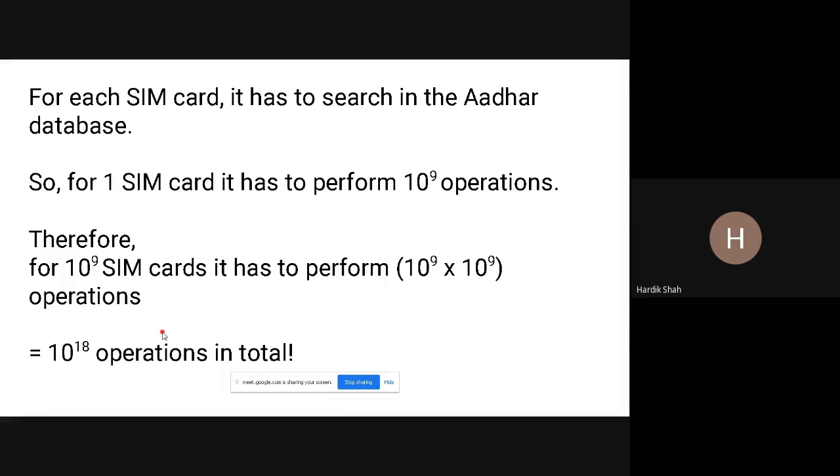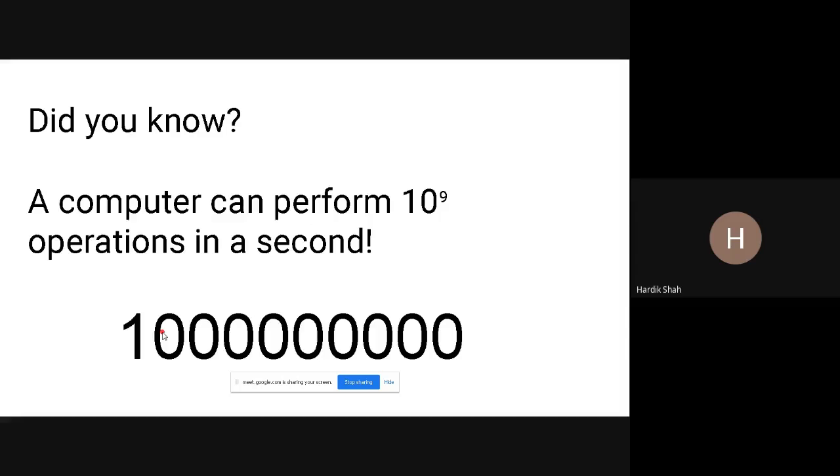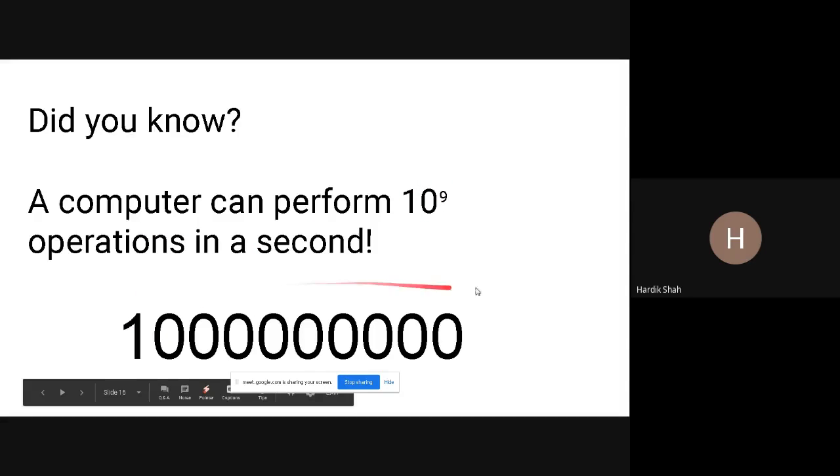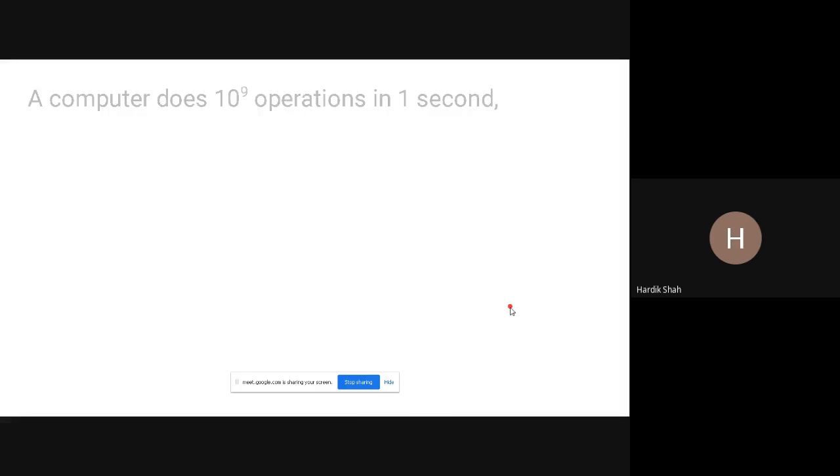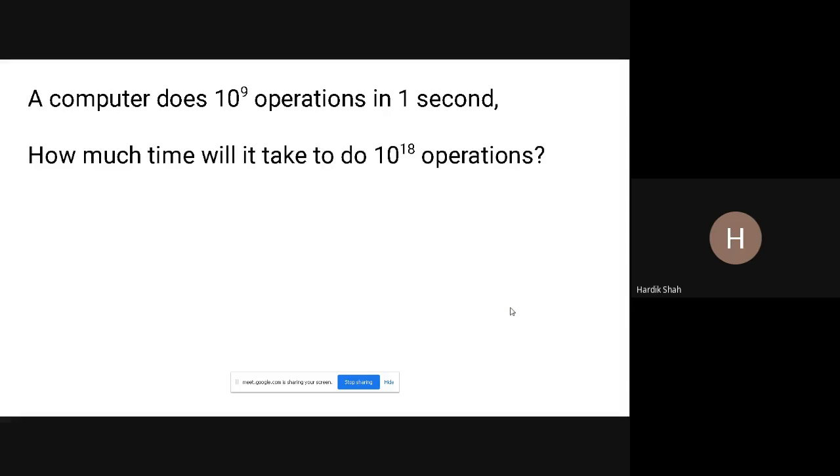Now, if you don't know the scale of it, it is really a huge number. And I will prove it to you in a second. A computer these days can perform about 10 to the power 9 operations in a second. It is basically a gigahertz. So let's find out how much time it would take to do those 10 to the power 18 operations, right?